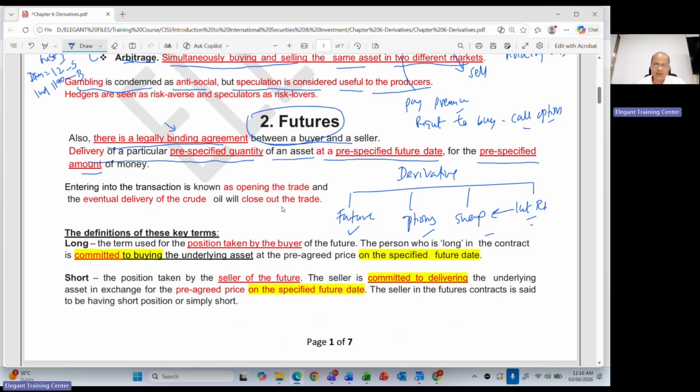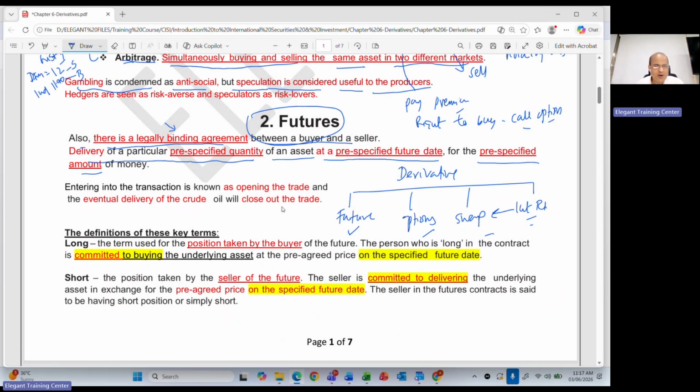Understood? Let's say you want to buy gold. Let's say the gold price is going up. You want to buy gold. Okay, no problem. Go to any jewelry shop. You can pay cash and buy. But you want to buy gold future. You don't want to buy physical gold, right? You want to buy gold future.